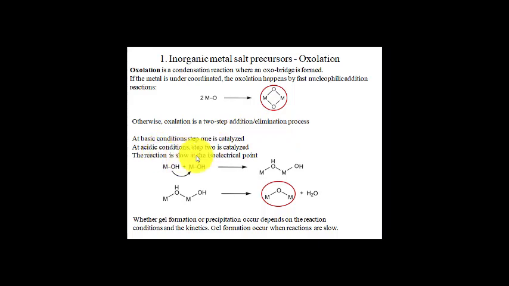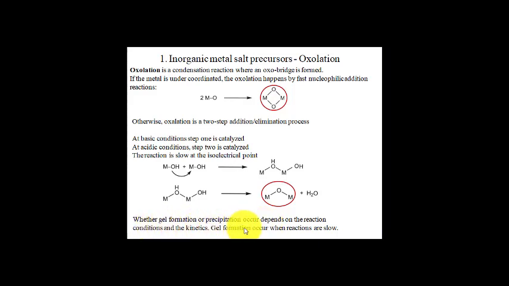The reaction is slow at the isoelectric point. So for example, this is the first step. It acts on the metal and we get this one. And in the second step, another water molecule is removed and we get this one. Whether gel formation or precipitation occurs depends on the reaction conditions.